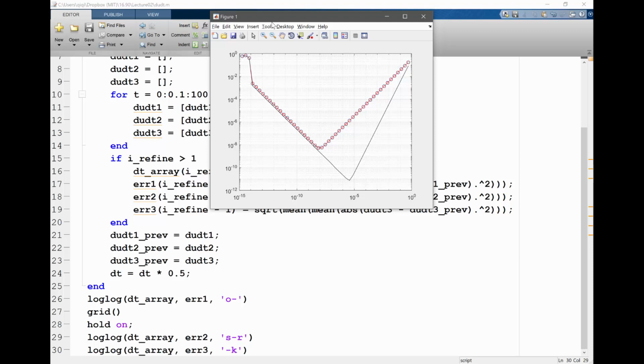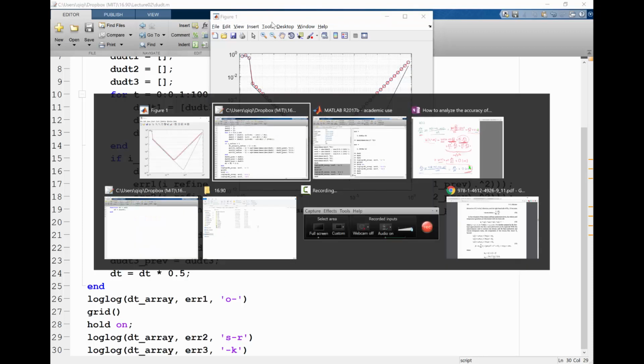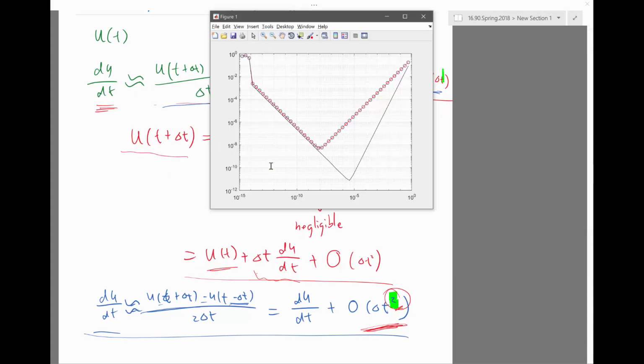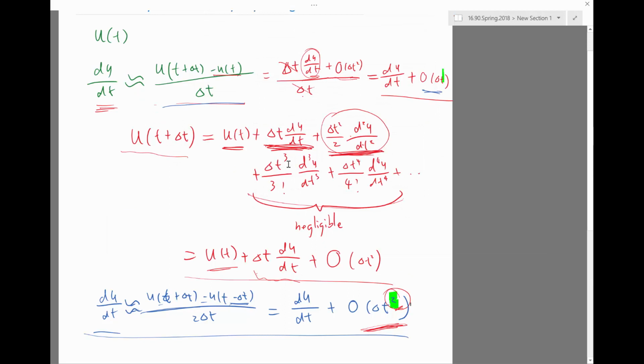Yeah? It's not converging. Your time step is too small and you need to account for third and fourth order terms. My time step is too small, I need to account for third, fourth... But if delta t is too small, if it's 10 to the minus 15, then my delta t cubed is like what? 10 to the minus 45, right?